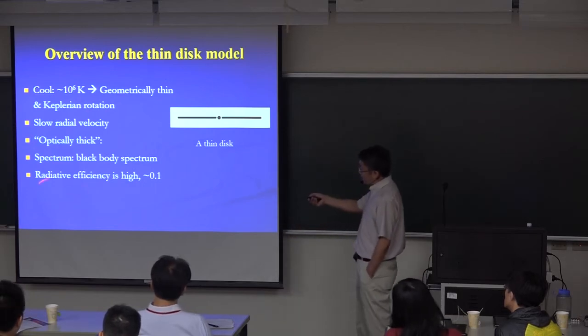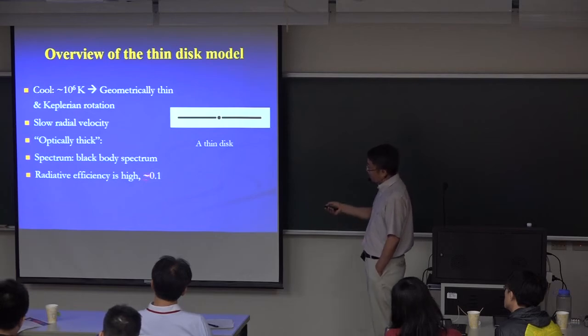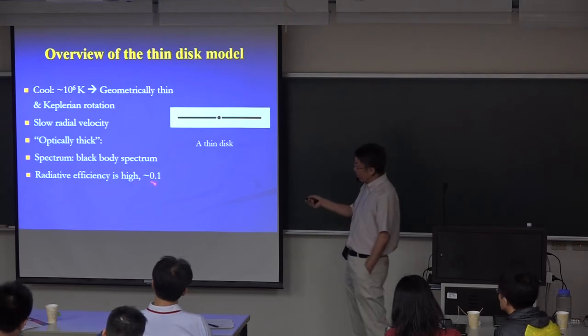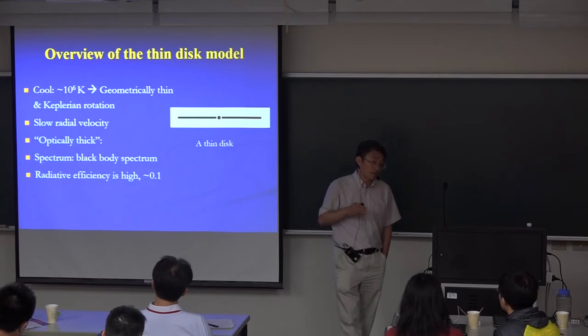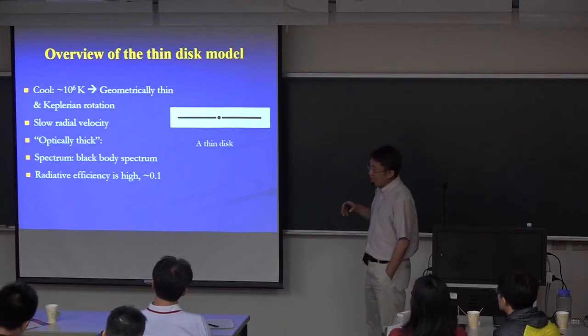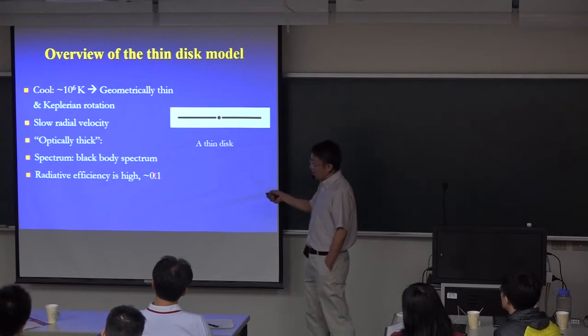And also another important feature is that the radiative efficiency of the thin disk is quite high. Typically, the value we use is 10%. This value is only a function of the black hole spin. When the spin of the black hole is large, this efficiency will become larger.